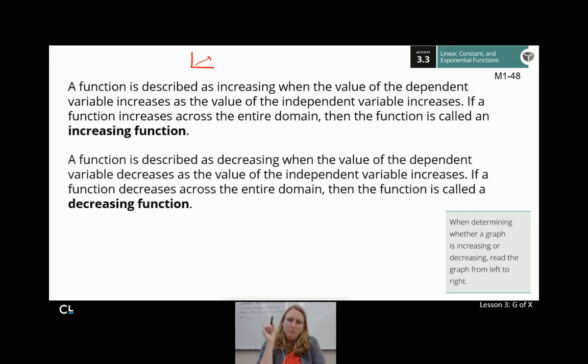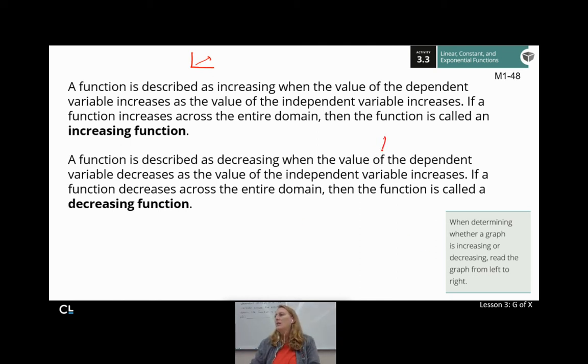Of course, you know that means there's a decreasing function, right? A function is described as decreasing when the value of the dependent variable decreases as the value of the independent variable increases. If a function is always decreasing across the entire domain, then the function is called a decreasing function. And again, we're always going left to right here.